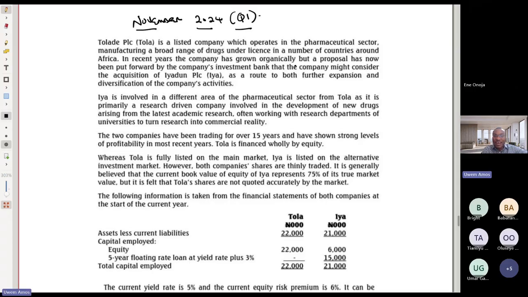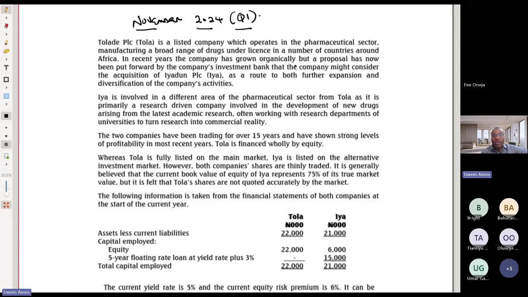In recent years, the company has grown organically, but a proposal has now been put forward to the company's investment bank that the company might consider the acquisition of Iyadun Plc, bracket Iya, as a route to both further expansion and diversification of the company's activities.